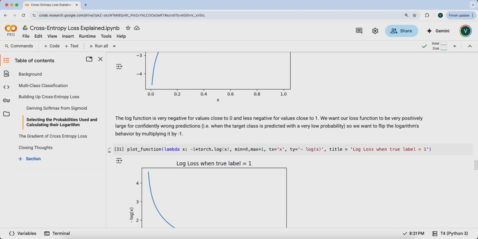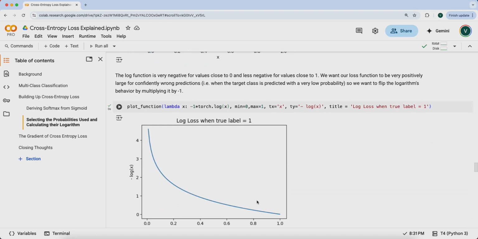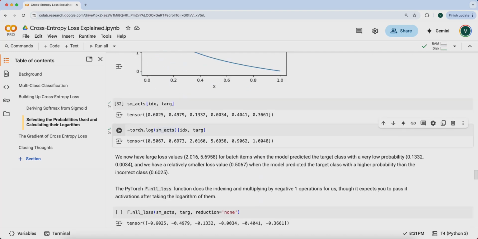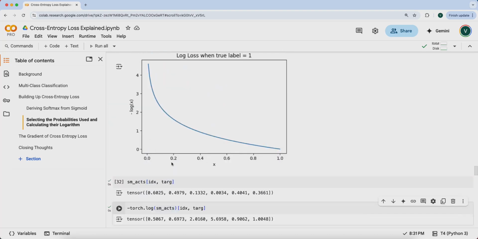And that's what we achieve by this negative log function. All right. So again, each one of these values, so 0.6025, here's 0.6, 0.25, and that's about 0.5. Here's 0.0034, and it goes up to about 5.69.